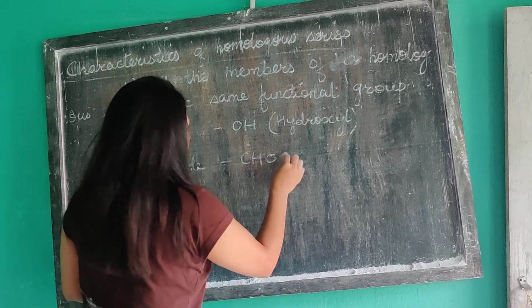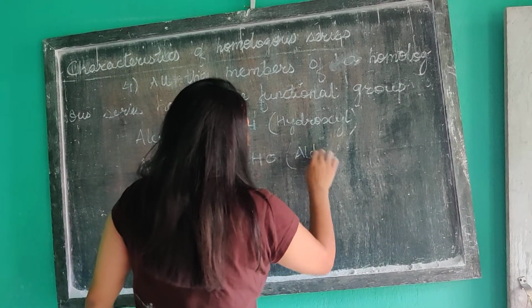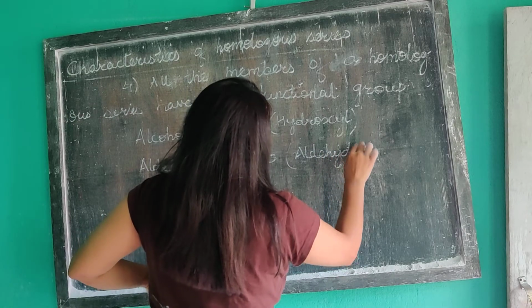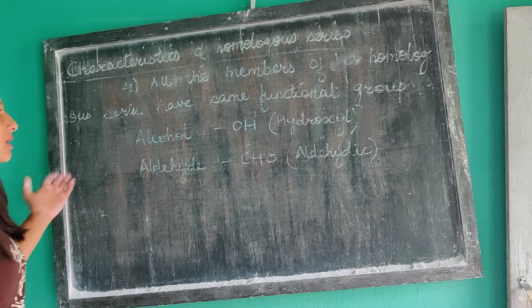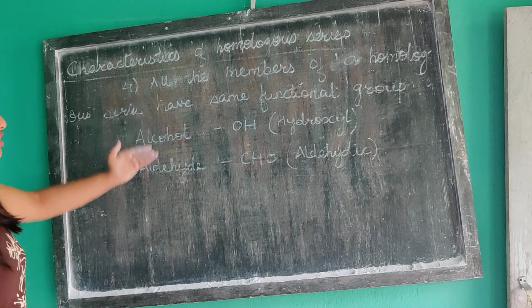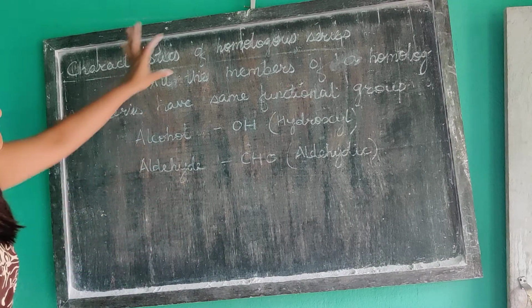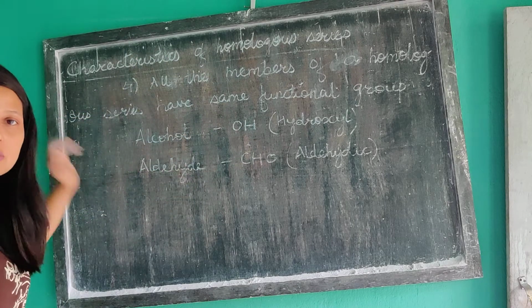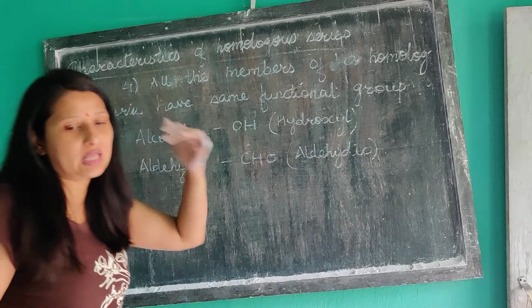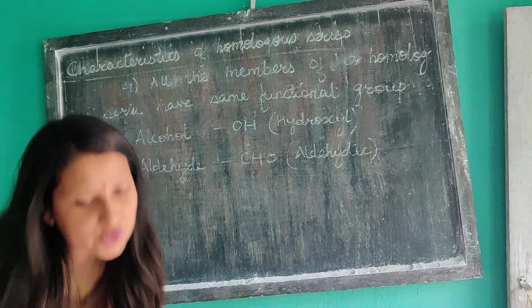CHO. So this is the aldehydic group. In this way, all the members of a homologous series will have the same functional group.